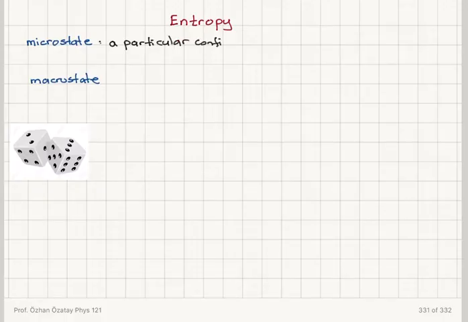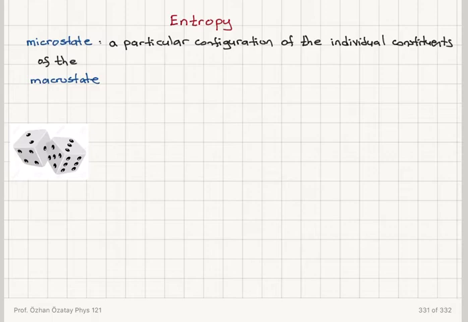So we're going to look at individual constituents forming a particular configuration of this for a system. So we're going to talk about this particular configuration as a microstate of the system.